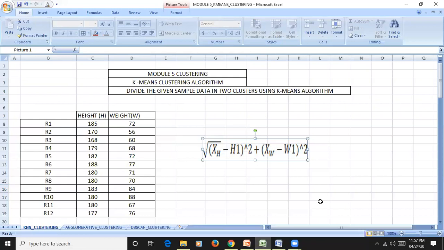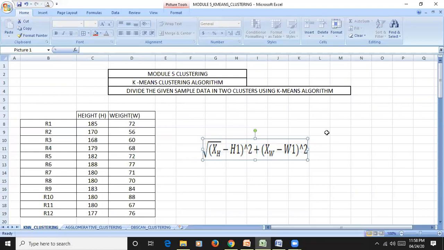You are using the Euclidean distance. The same Euclidean distance formula is used here: the square root of (xh minus h1) squared plus (xw minus w1) squared, where h stands for height and w for weight.